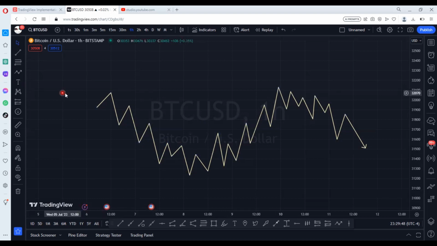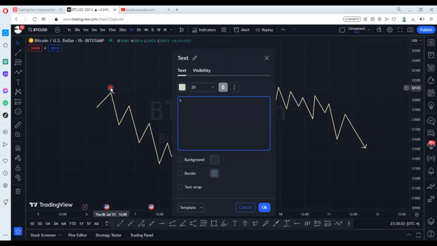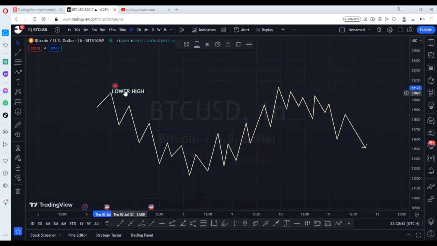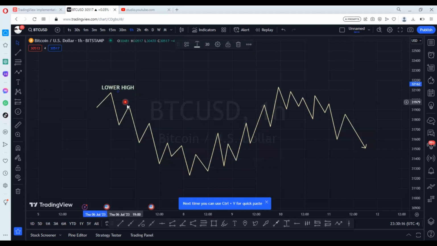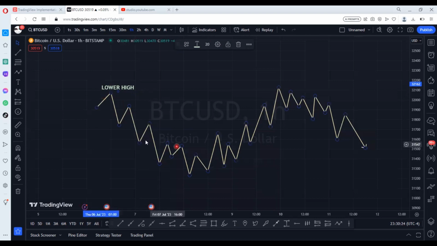So when the market is on a bearish movement, this area is called a lower high. Every area formed at the top of the bearish movement is called a lower high.